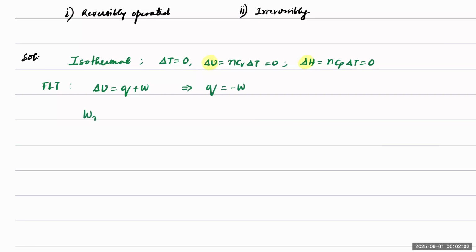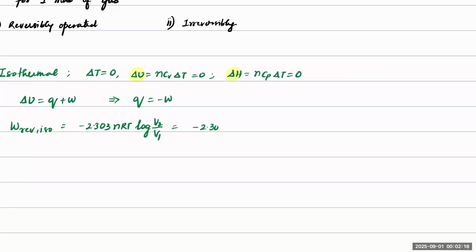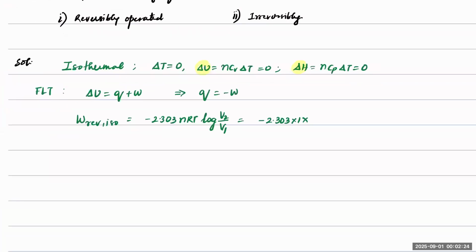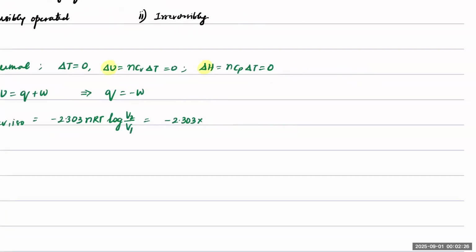And for reversible isothermal work, we have already derived a formula: minus 2.303 nRT log of V2 by V1. Since the volume terms are not given, but we have been given pressure terms, the same formula can also be written as nRT log of P1 by P2.